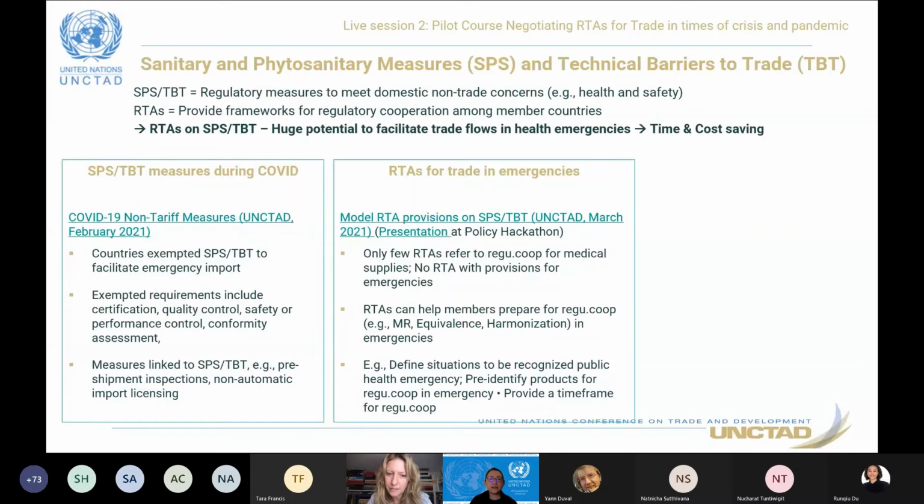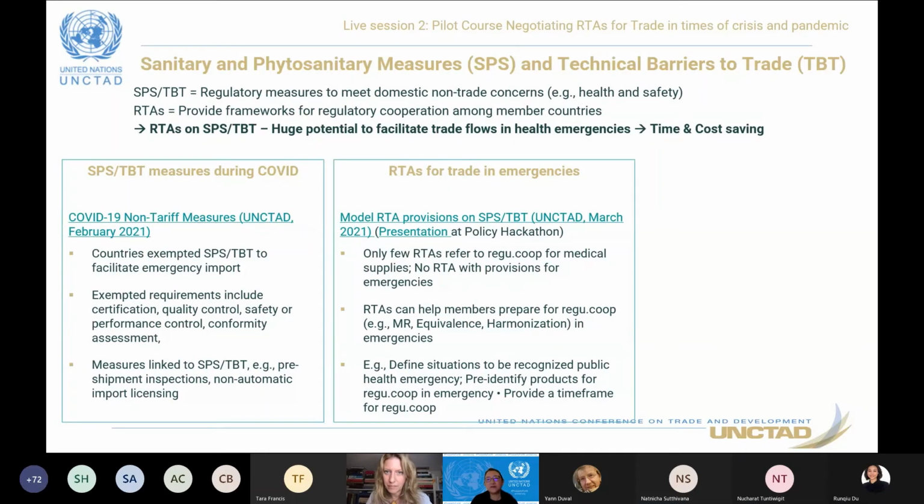We can pre-identify the type of products, preferably at HS 6-digit level, to which we really want to apply emergency measures when the emergency hits. And third, RTAs can help members agree on the time frame and the nature of the temporality of such measures. I thought these were extremely useful to prepare the members for that kind of emergency situation.